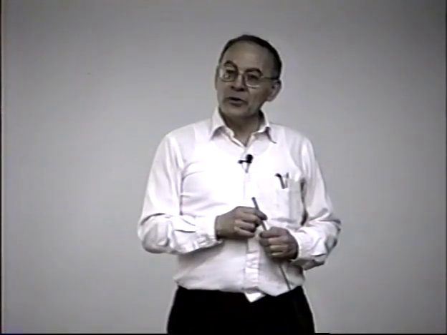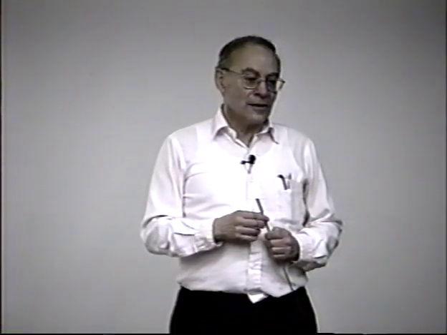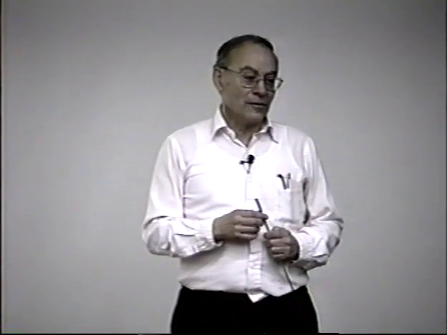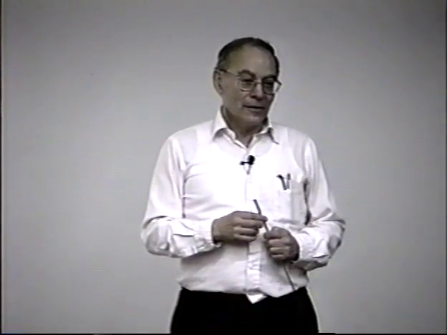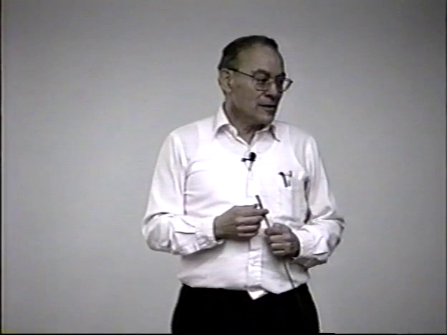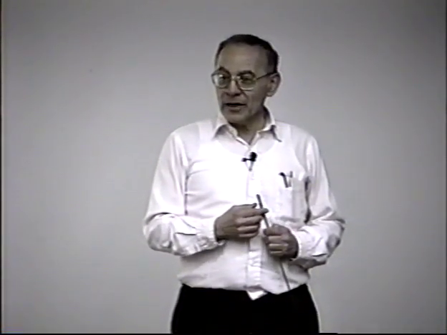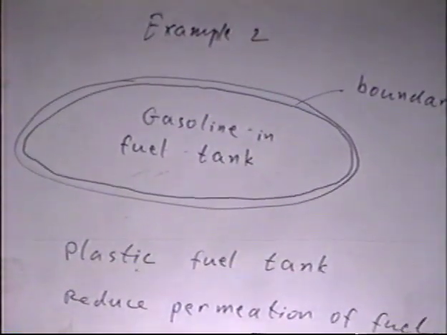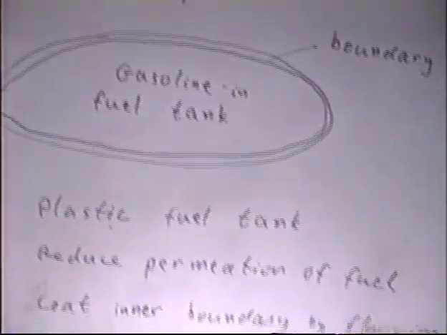Now, another area where you can reduce the weight is the gas tank in your car. It used to be made of metals. It's still made of metals in most cars. But Ford Motor Company is beginning to make gas tanks that are made of plastic. Okay, but plastic, you know, you can penetrate. Fuel can get out of plastic.